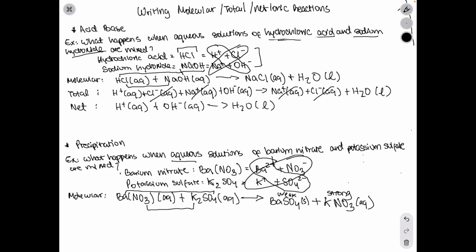Okay, so now that we have listed all the reactants and products and their states, we already know that this one is strong. All the strongs are going to dissociate into their ions, and the weaks are going to stay together. So this one's going to stay together when we do the total ionic equation.